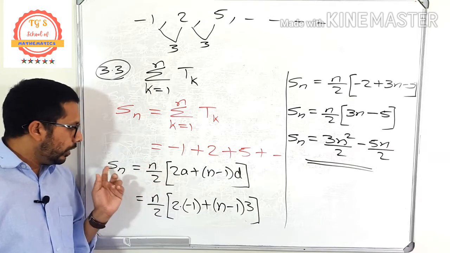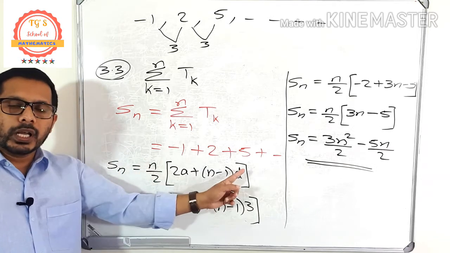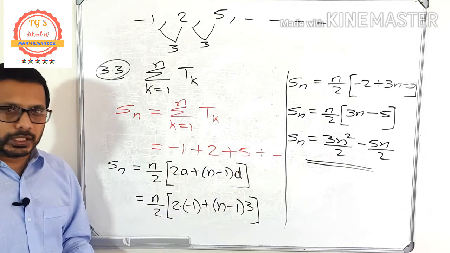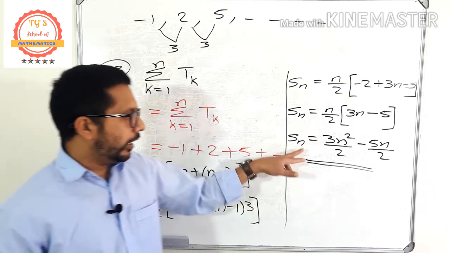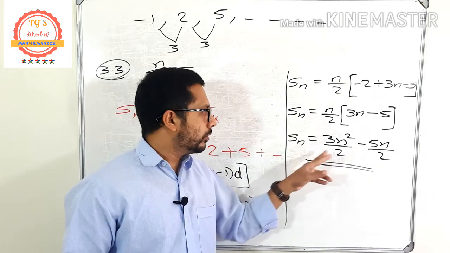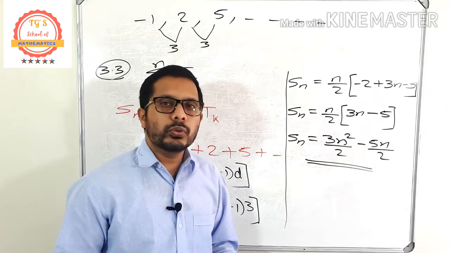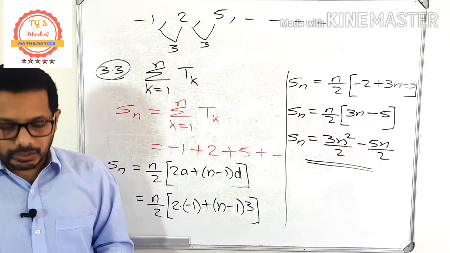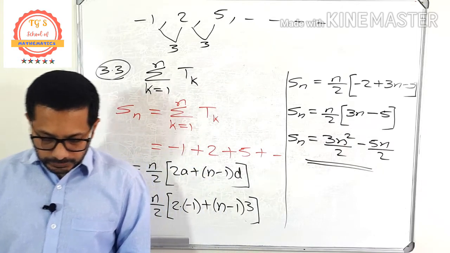So Sn is equal to, this is the formula to find the sum of the first n terms. Substitute the terms and finally we got Sn is equal to 3n squared divided by 2 minus 5n by 2. And that is the answer.